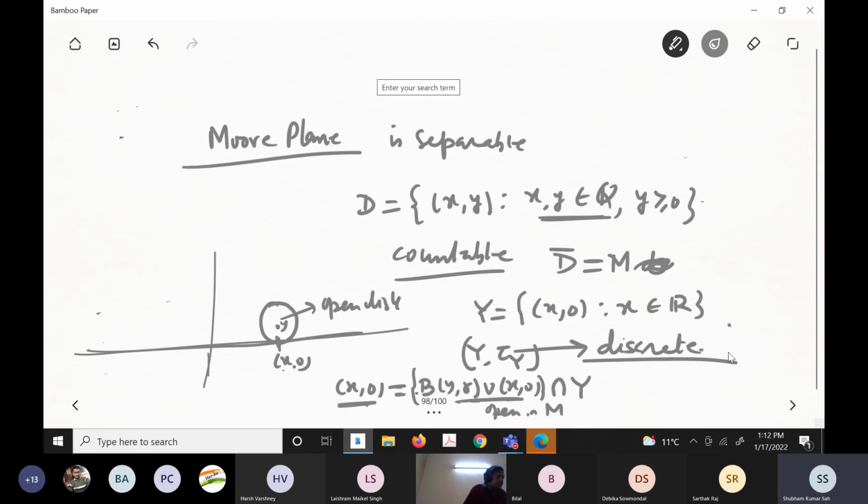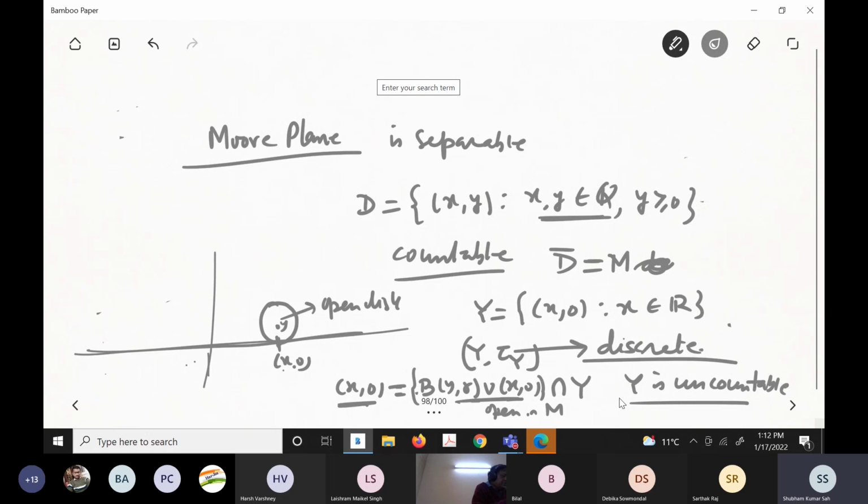Got it? But it is uncountable. A discrete space is separable if and only if it is countable. So you are getting a discrete space here. So this is discrete and Y is uncountable. So this is not separable.